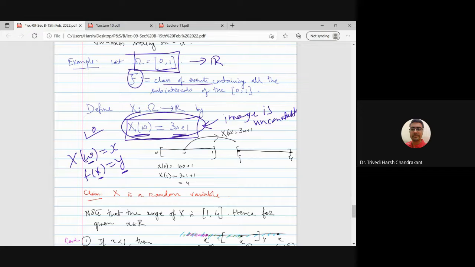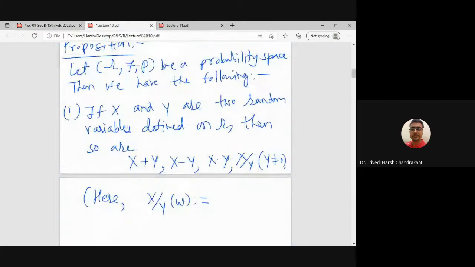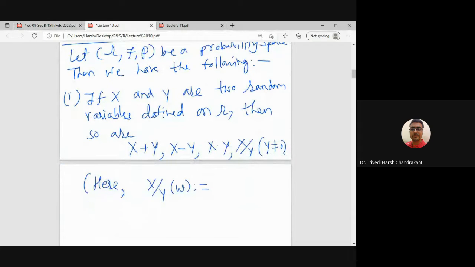Here, because w is an element of the sample space, we are using notation w as input, output is x. So if we apply the quotient function, if you have two functions, f divided by g at x, what is this value?